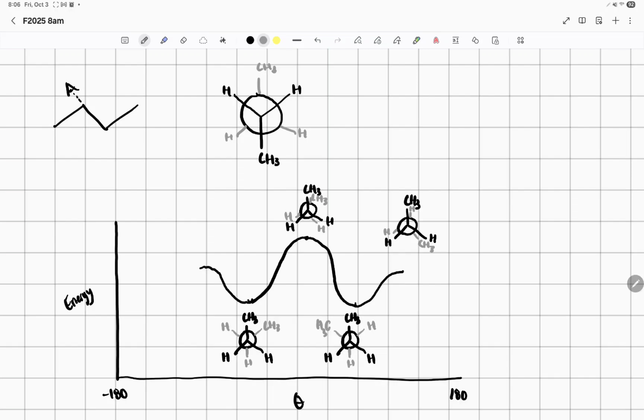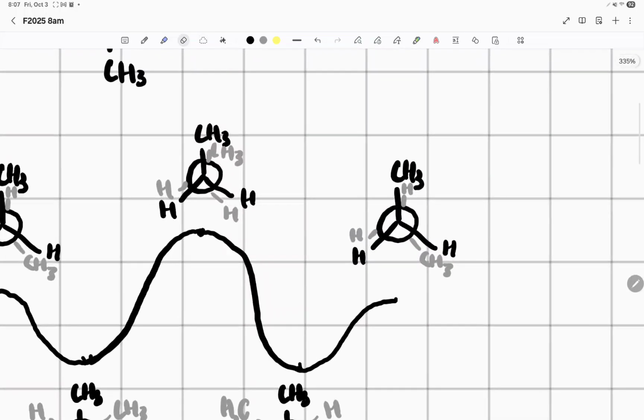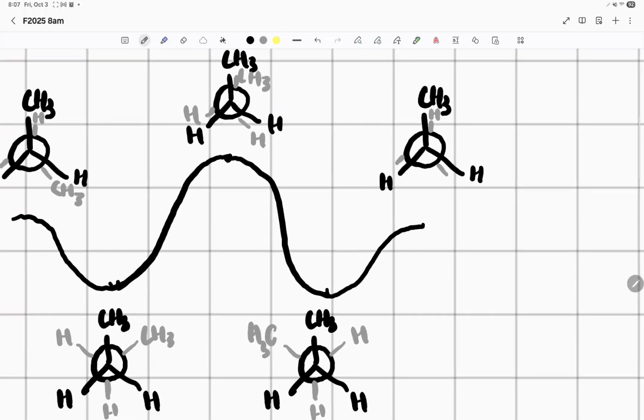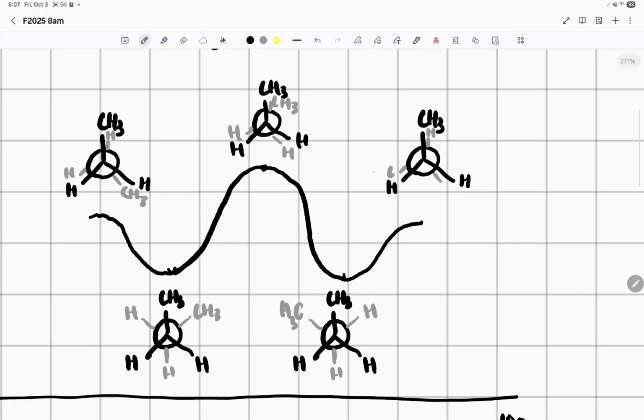And then again, if I just simply rotated that the other direction, then you would get that result. Let me do that. So that would be the CH3 here and the hydrogen there. So again, anytime we're eclipsing, we're at some maximum in energy, but the absolute maximum is where we have the worst groups eclipsing with each other.